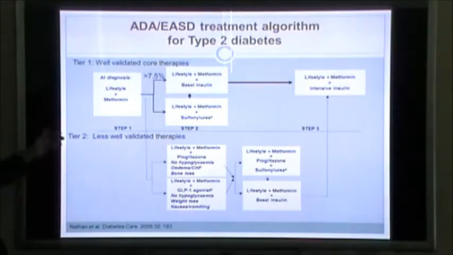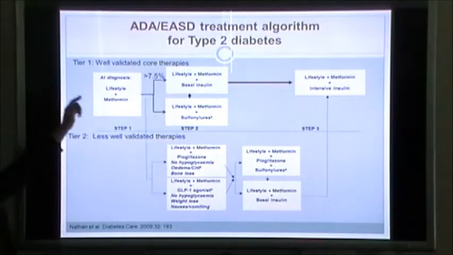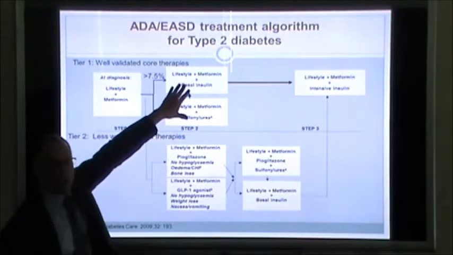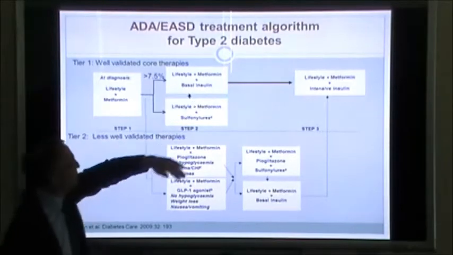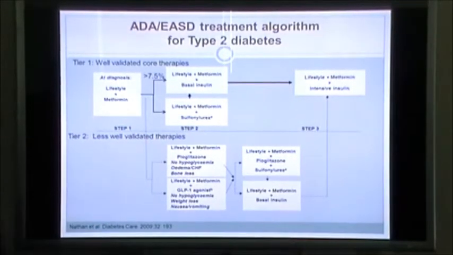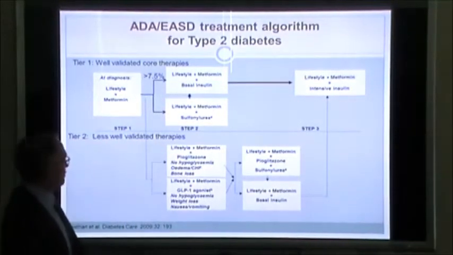And they say, well, look, at diagnosis, you treat patients with lifestyle and metformin, and if they're not in good control, you add something. If A1C is greater than 7.5%, you add insulin, and if it's better than 7.5%, you add sulfonylurea. And if that doesn't work, then you intensify the insulin.